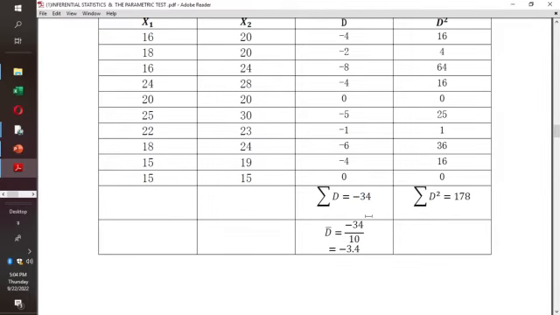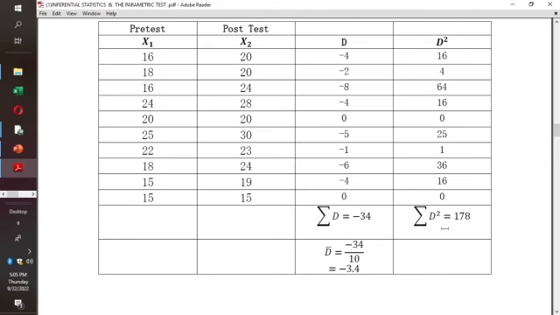Divided by 10 to get the mean difference of pre-test and post-test, which is negative 3.4. And the summation of the squared differences is 178.